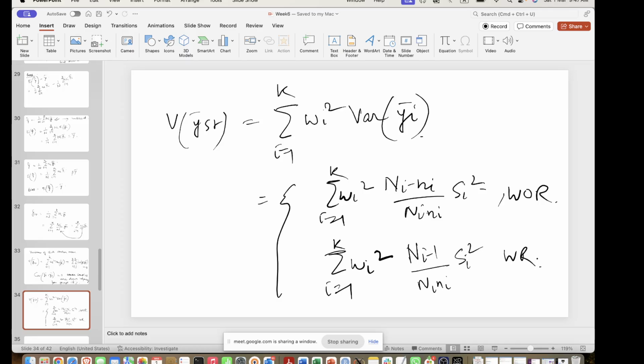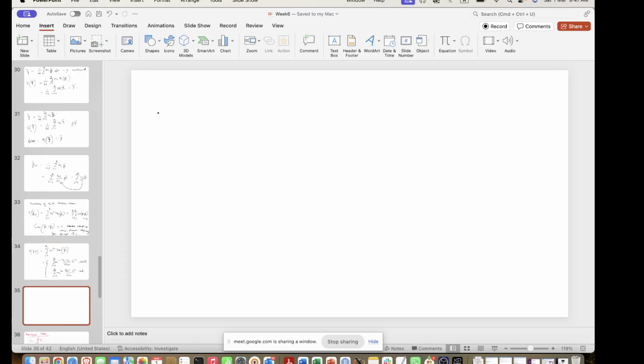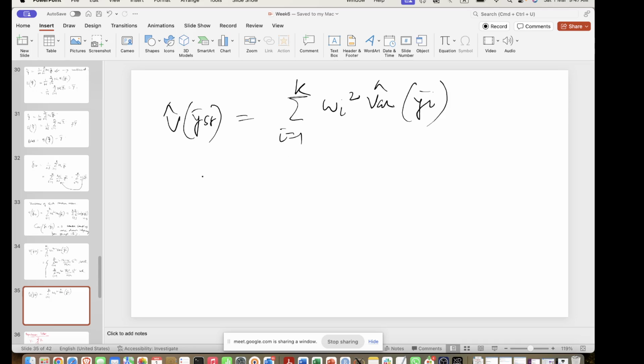Similarly we would have small si square in place of capital Si square. So if I want the V hat of y bar st, that would be summation i equal to 1 to k wi square variance hat of yi bar.